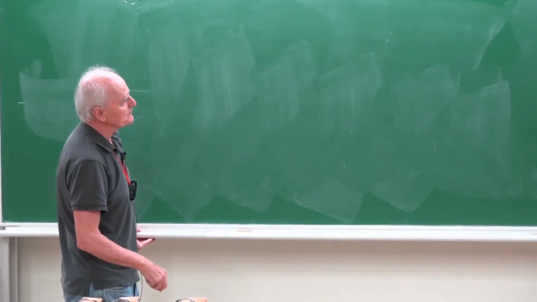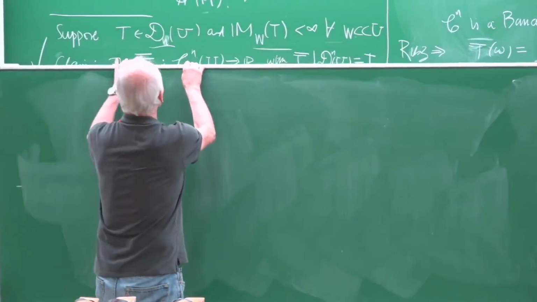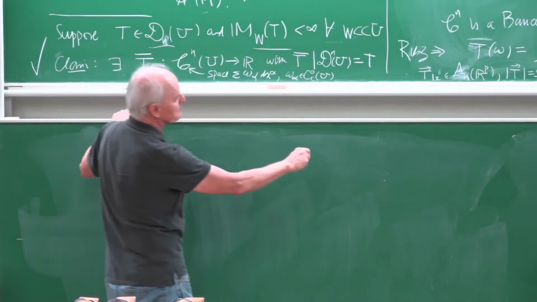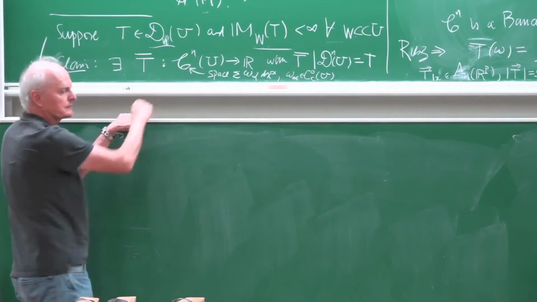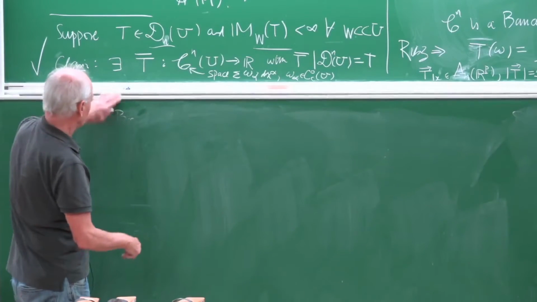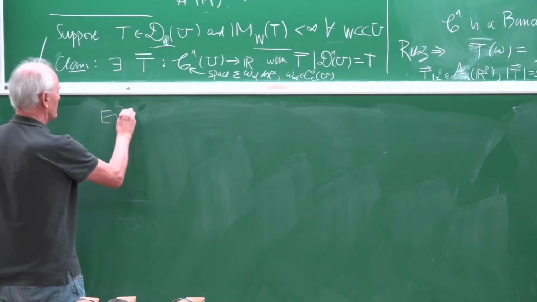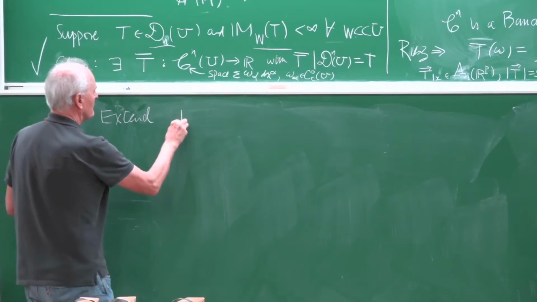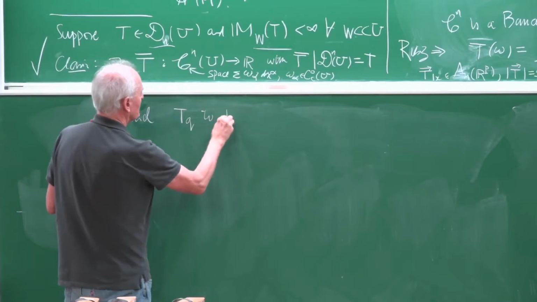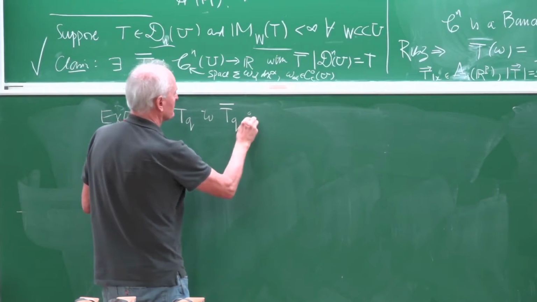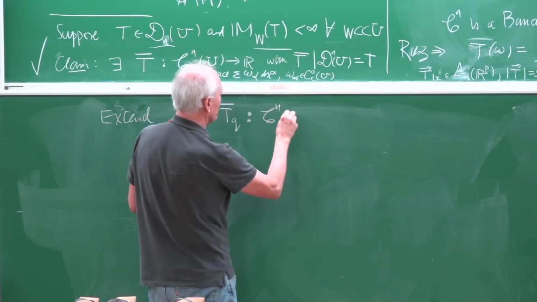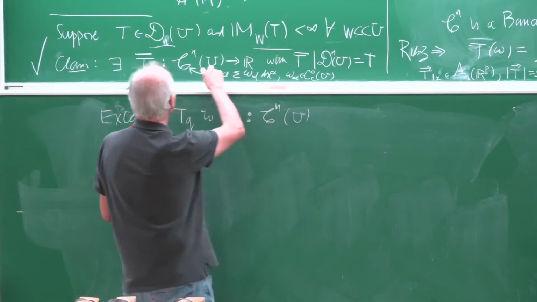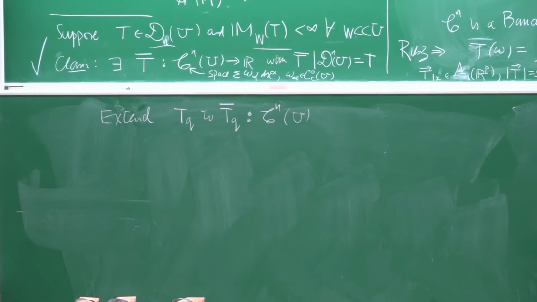So, the first step is to use the same idea that we mentioned before. Because we've got this property again, we can again extend to C^n. So, extend T_q to T_q bar, which are continuous functionals on C^n_c(U) rather than D^n(U), where the coefficients now are just continuous forms with compact support.